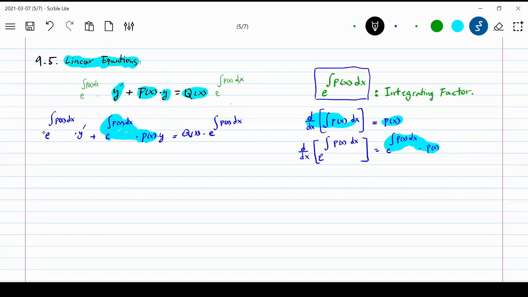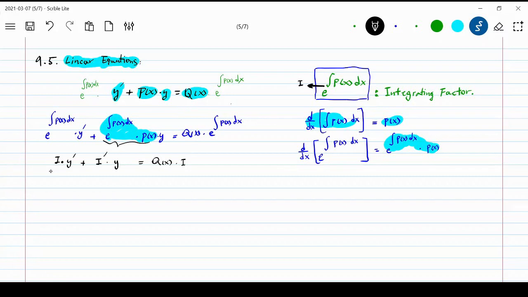If I call this integrating factor I, what I have is I times y prime plus this term, which is the derivative of I, so I prime times y. And on the right side you have q of x times I.